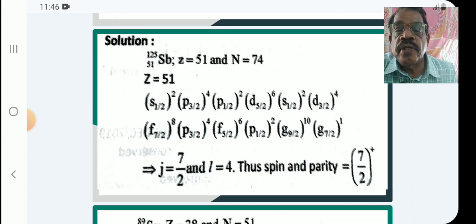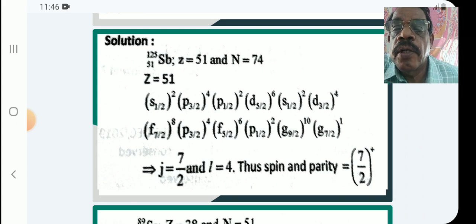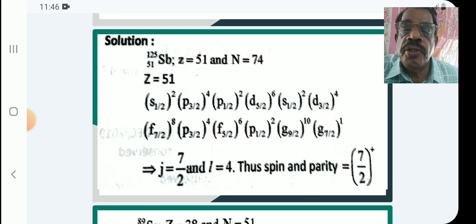Last is, that is, S, P, D, F, G, H. So G is the last term.